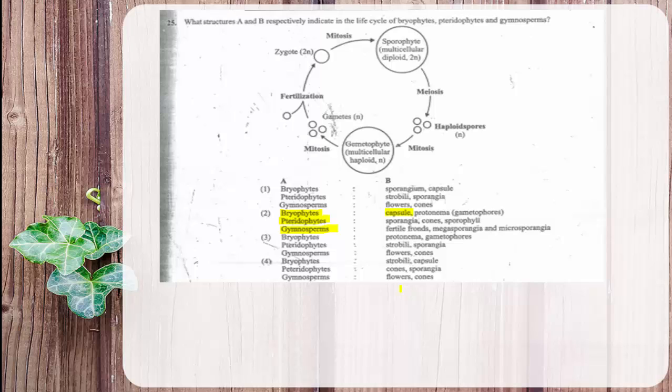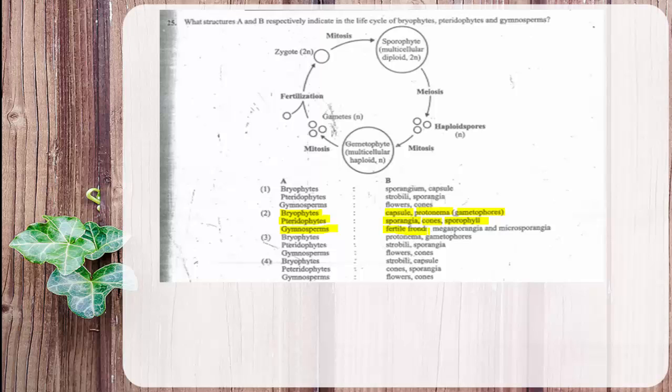Then coming to the second group mentioned, pteridophytes, protonema is the green leafy structure which represents the gametophyte, and it develops due to the germination of spores. Sporangia, cones, sporophyll, all these are the terms with reference to the study of pteridophytes.